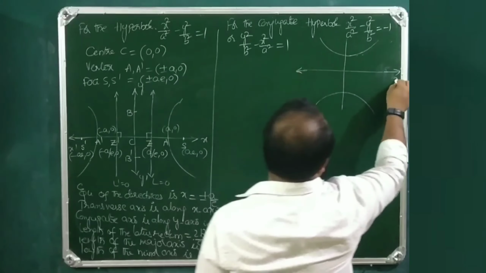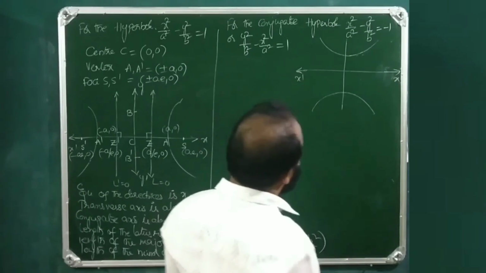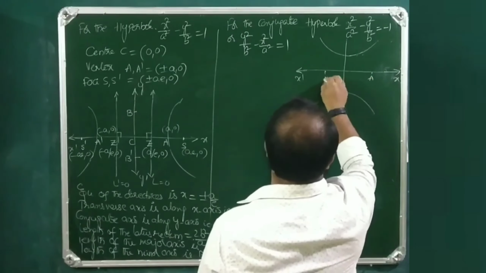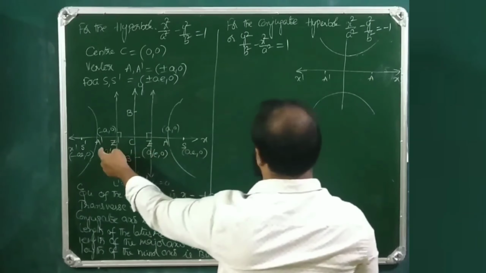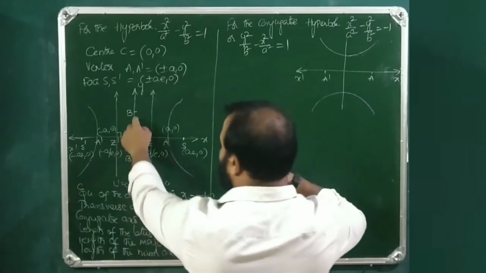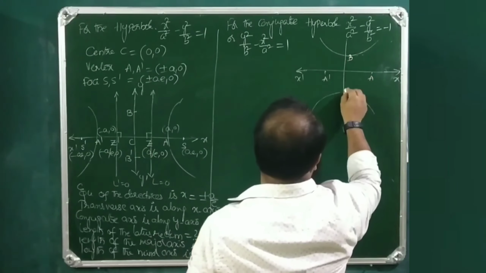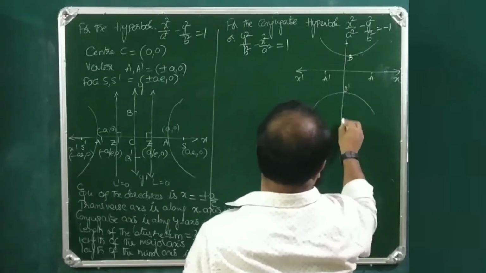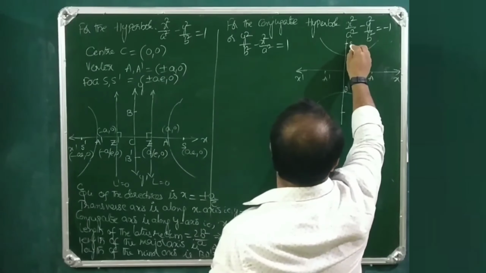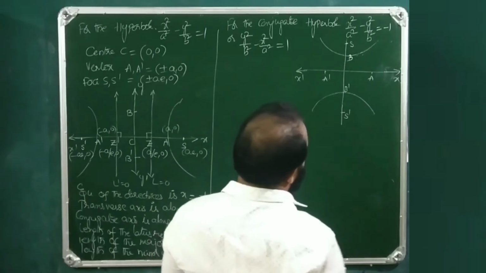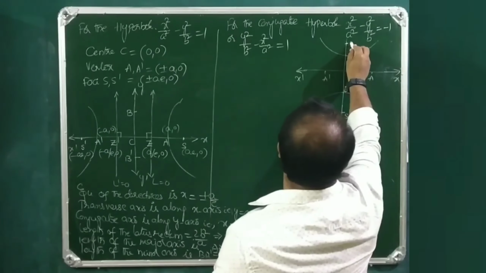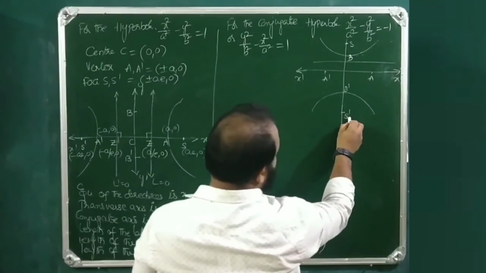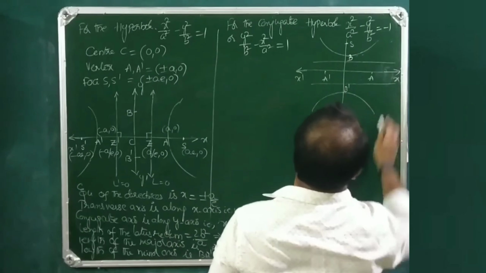This is xx dash. So A dash are here. It is not changed. So here B dash. The foci are situated here, S dash. So this focus corresponding directrix is this, and this focus corresponding directrix is this.